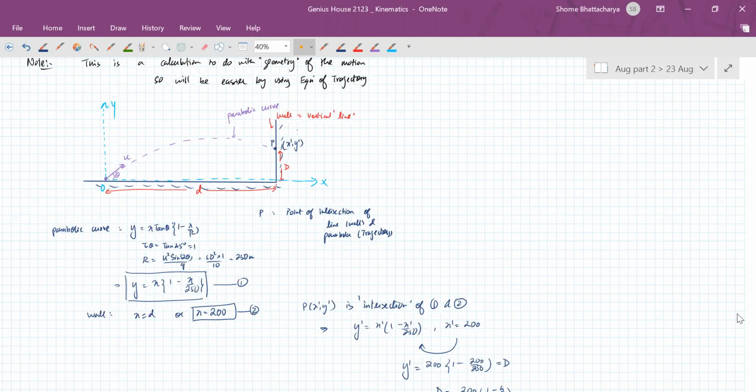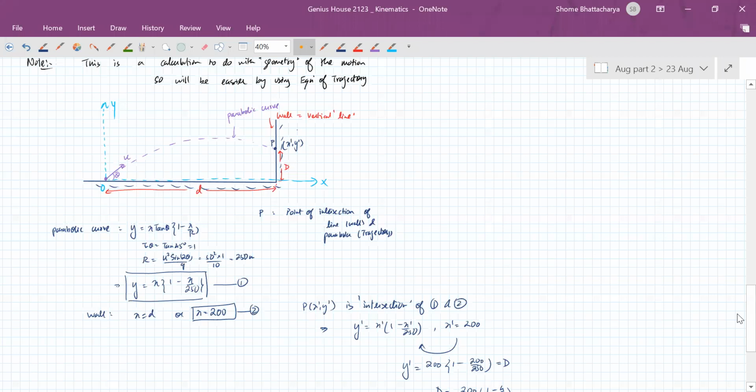So if the wall had not been there, it would have gone further by a distance of how much? 50 meters, because the range is 250 meters. Yes, sir. So if the impact with the wall is perfectly elastic, then when it rebounds from the wall, it will come back 50 meters. Achha. So where will it land on the ground?